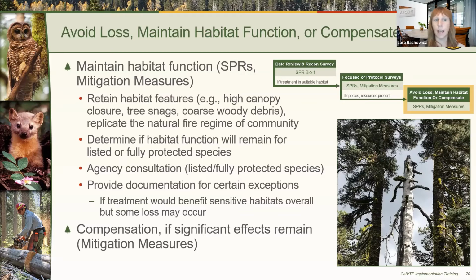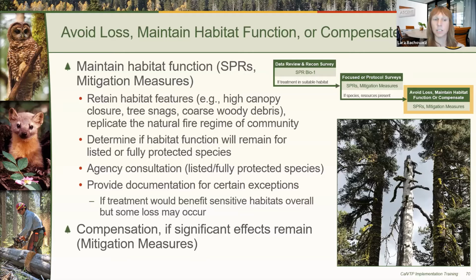Requirements for maintaining habitat function include retaining certain habitat features, for example, high canopy closure or tree snags, or conducting treatment to replicate the natural fire regime of the community. The qualified biologists, or RPF, will need to determine if habitat function remains for listed or fully protected species and consult with the appropriate agency about this determination. Again, there are certain exceptions permitted.